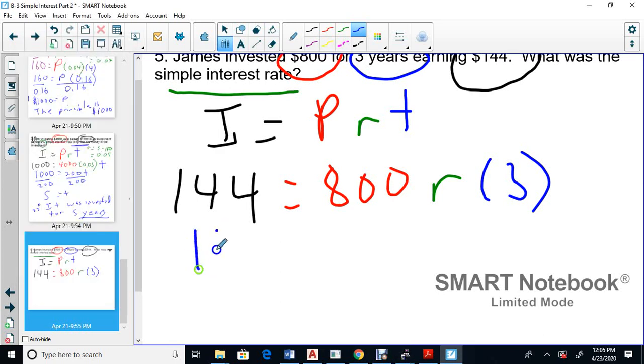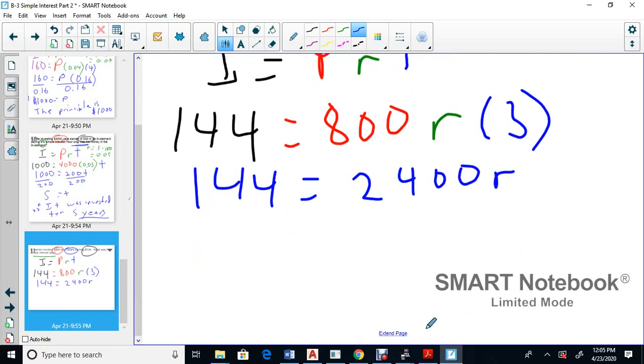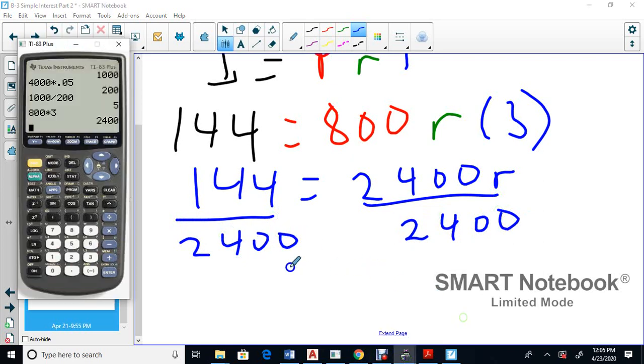So we get 144 equals 2,400 R. Now we divide both sides by 2,400. And let's see what our rate turns out to be. So 144 divided by 2,400.